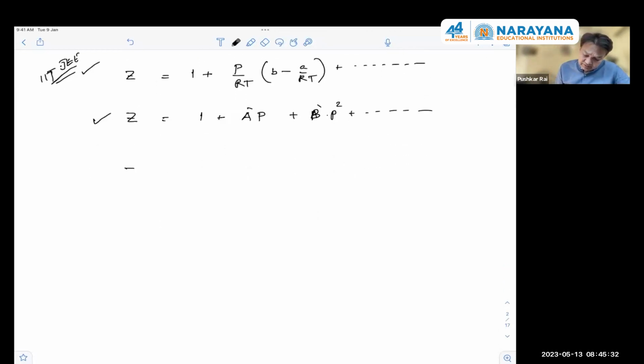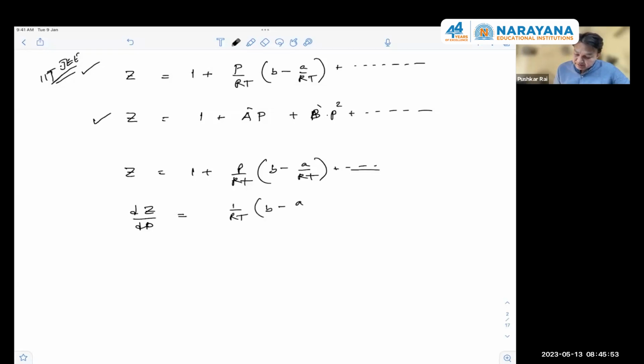So Z is equals to 1 plus P by RT into (B minus A by RT) plus higher order terms I have ignored. In that case, what we get, dZ by dP is equals to what? dZ by dP is equals to 1 upon RT into (B minus A by RT) and plus some higher order terms. So that is the slope.